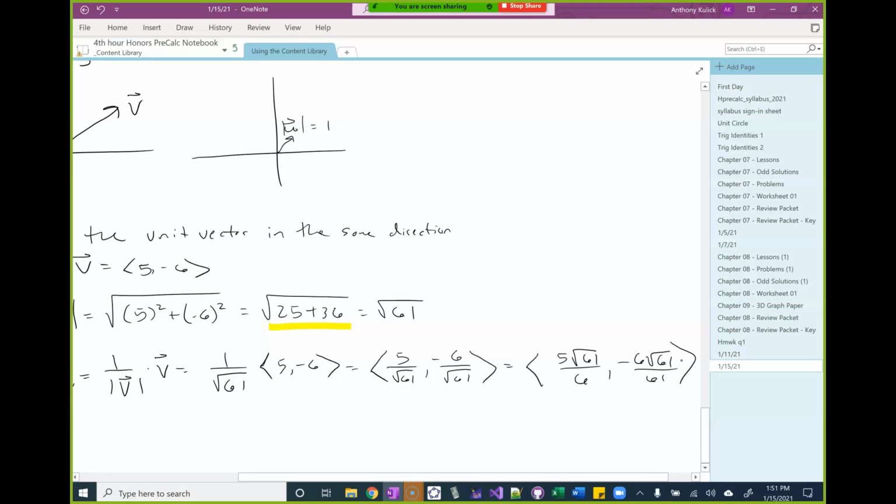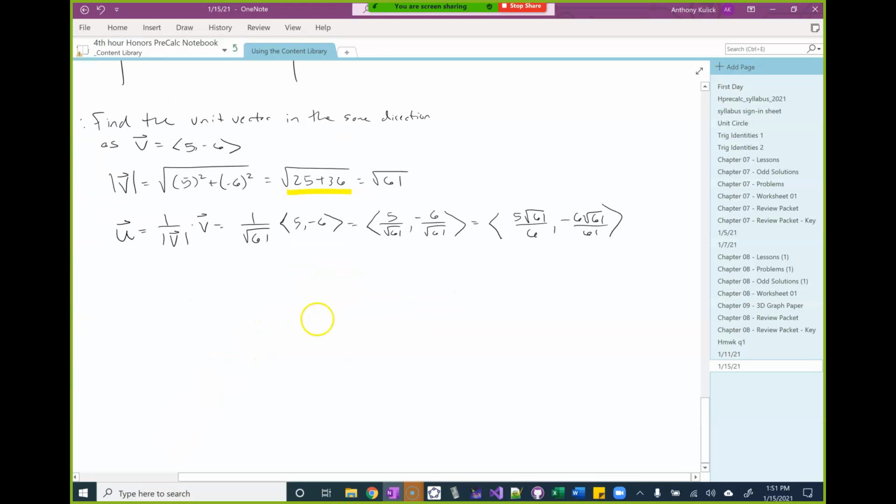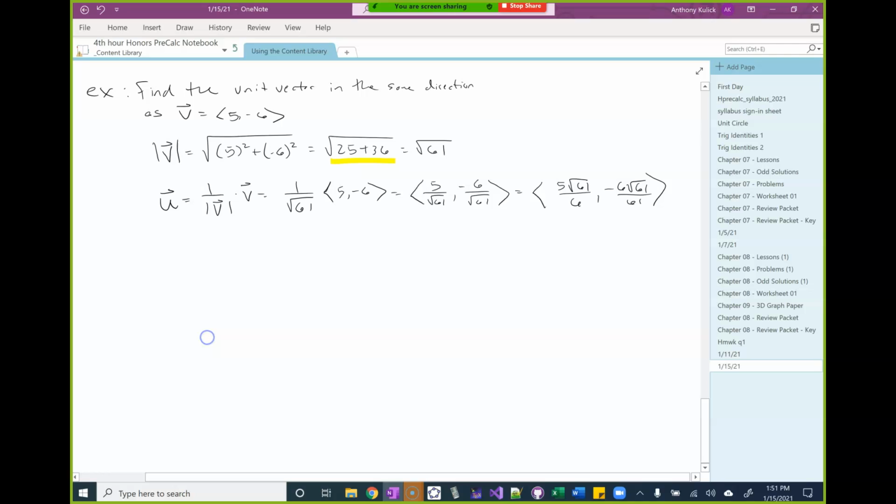Now there's two unit vectors in particular that are very special to us. They're called the standard unit vectors.